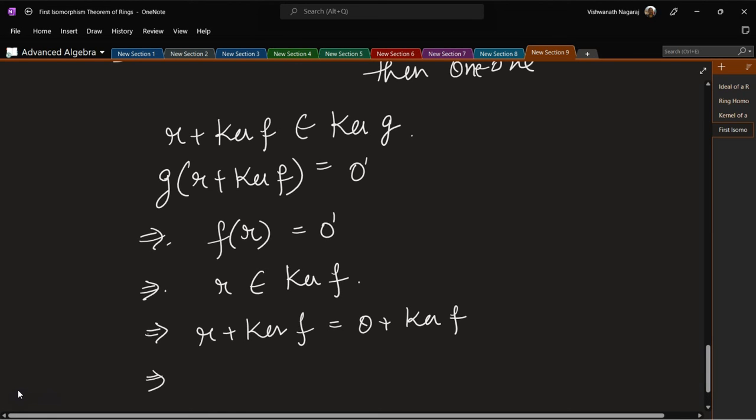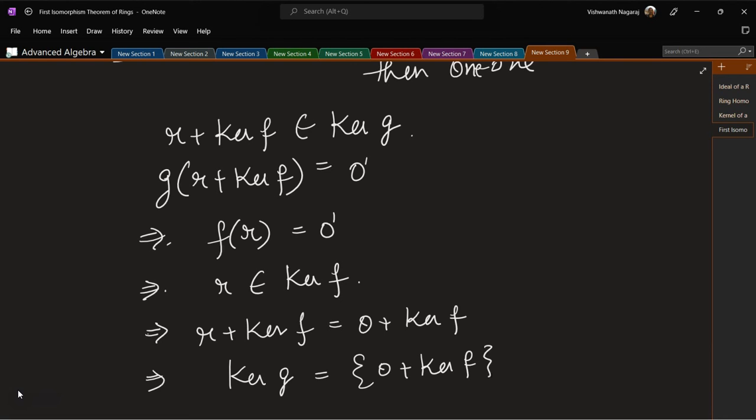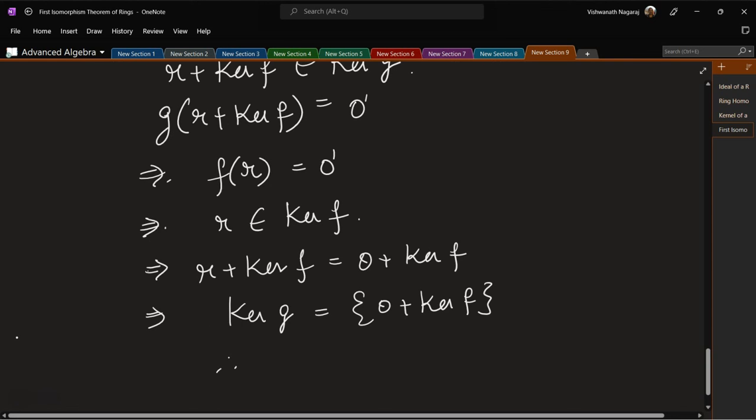This further implies that kernel of G is equal to 0 plus kernel of f. Therefore kernel of G is trivial, which implies that G is injective.